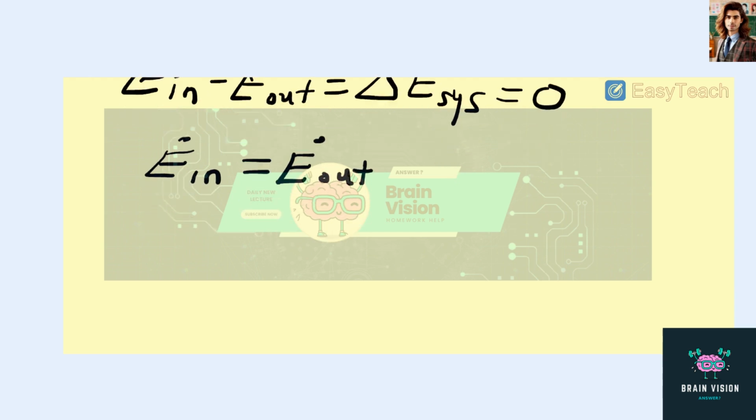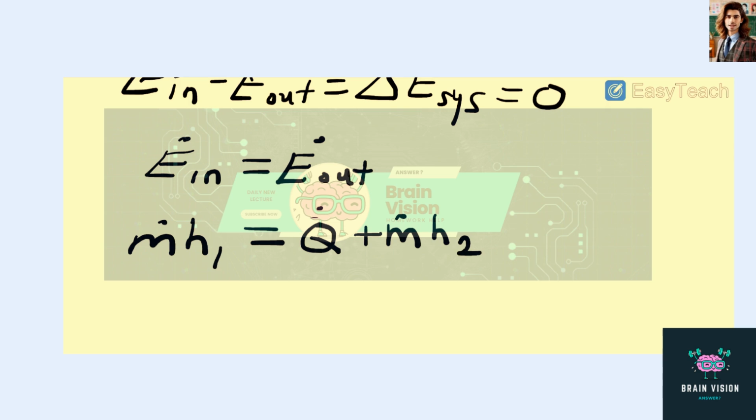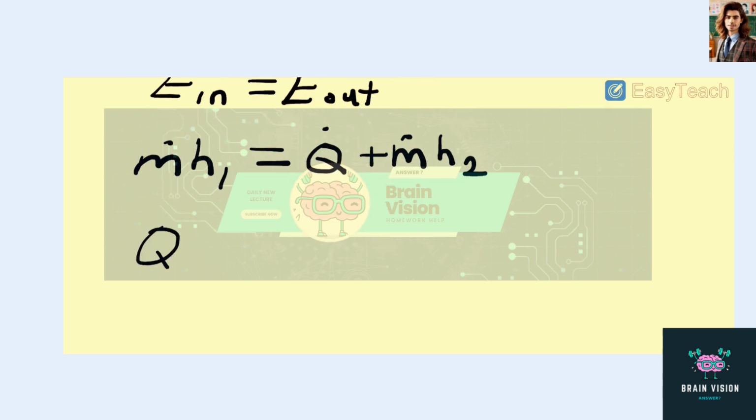Now we can plug in and say that the incoming enthalpy is equal to the rate of heat transfer plus the enthalpy leaving after condensation. So we can rewrite this and say that the rate of heat transfer is equal to m dot (h1 minus h2).